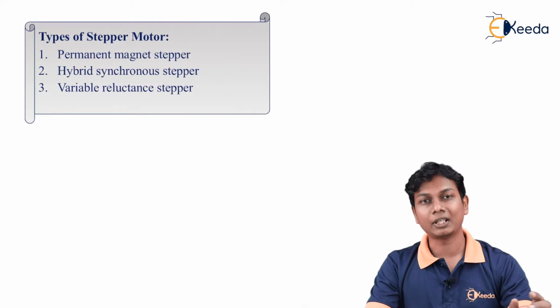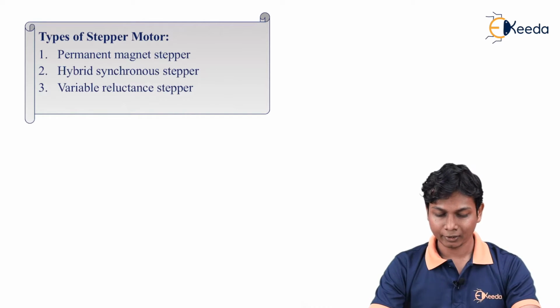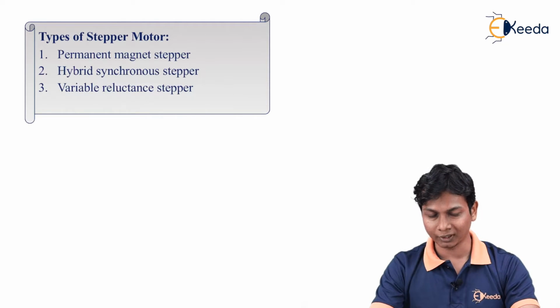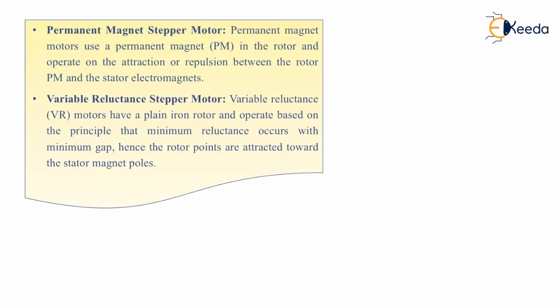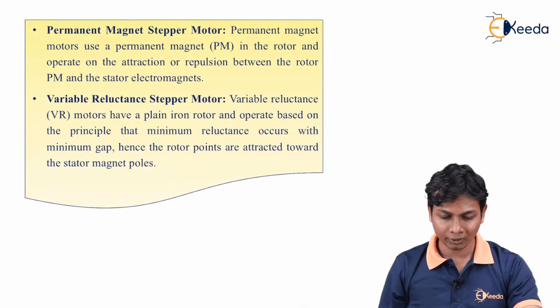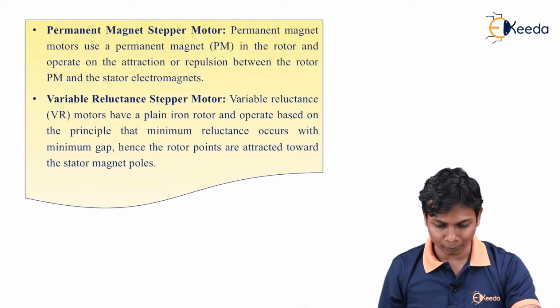Now, the types of stepper motor: permanent magnet, hybrid synchronous, and variable reluctance. The permanent magnet stepper motor is a motor that uses a permanent magnet, that's why it is called a permanent magnet stepper motor.